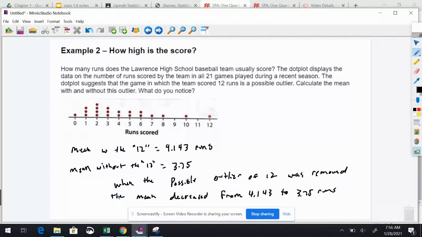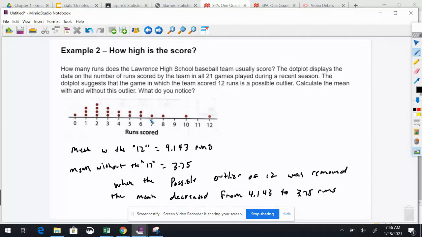You could have also said when the outlier was included, the mean was greater, 4.143 runs, than when it was removed, 3.75. Just make sure that it makes sense when you explain it.